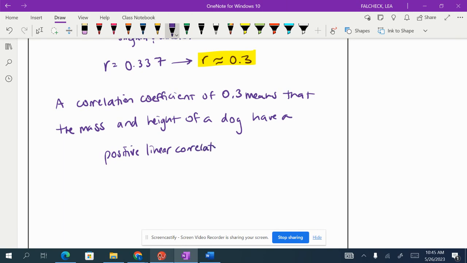And now we mention the strength of the relationship. r is much closer to 0 than it is to 1. 1 is an excellent or a very strong positive correlation between the two variables. 0 is a very weak correlation between the two variables. 0.3 would just be considered weak. So we've mentioned the strength and the direction of the linear correlation between the two variables, and we are now done with our explanation.